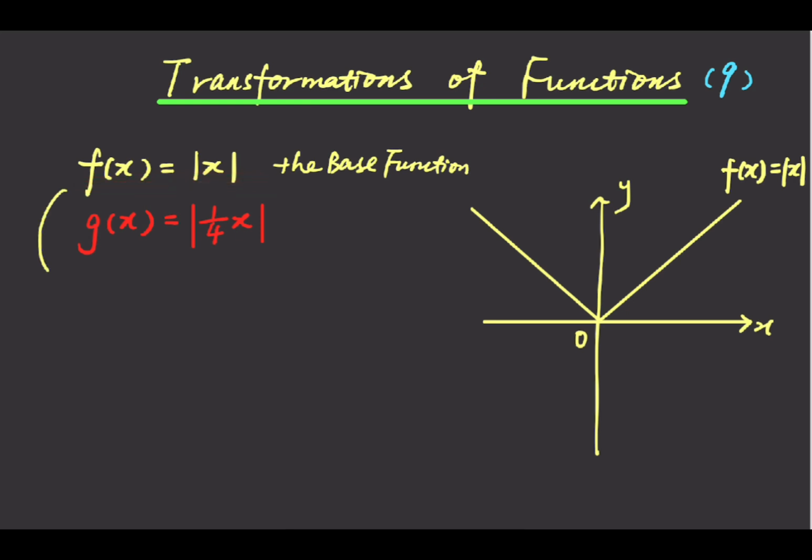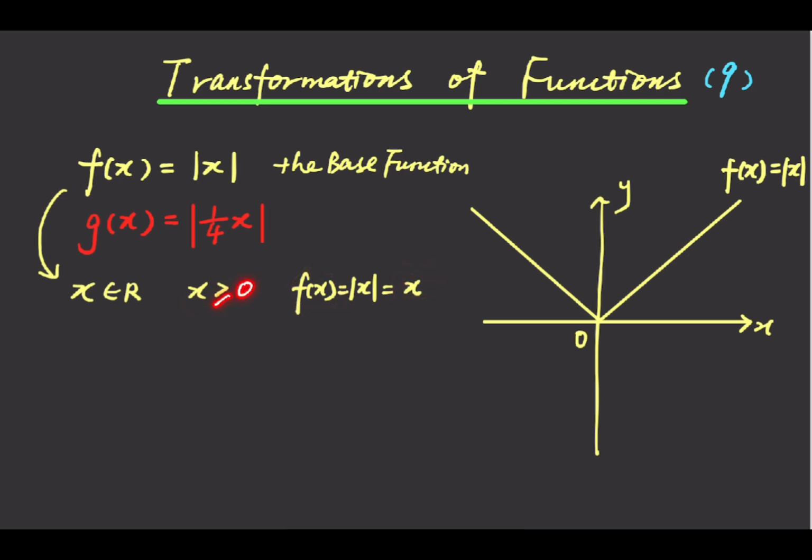First, for this function, its domain x should be any real number. But for different situations, this function's expression can be changed to different expressions. When x is a positive number or equal to 0, f(x) equals the absolute value of x, which is x itself.